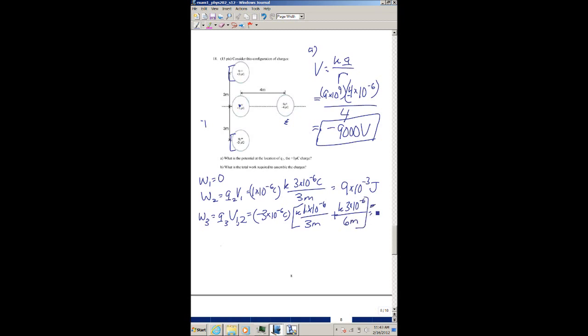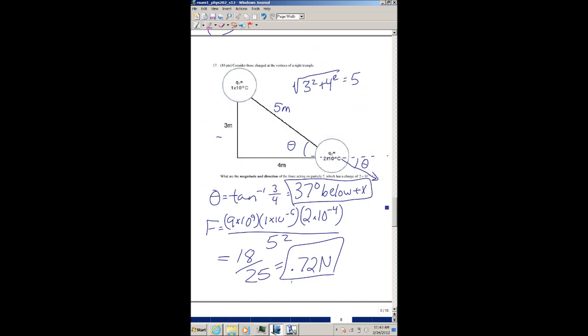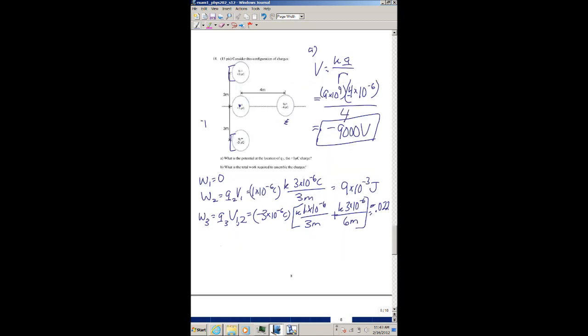And that gives me negative 0.0225 joules.